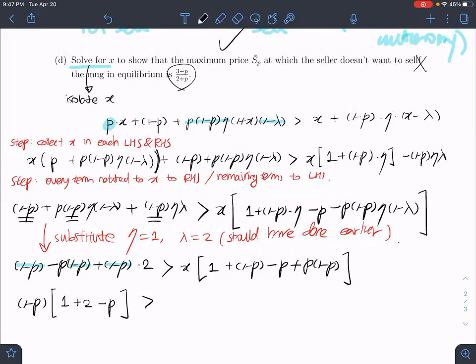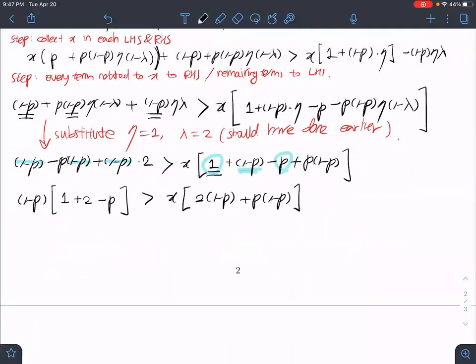Okay. And then here we have, you can see that this one, colored blue, combined is 1 minus p. We have another 1 minus p here. So we have 2(1 minus p) plus p(1 minus p). Right-hand side is (1 minus p)(3 minus p), x times (2 plus p)(1 minus p).